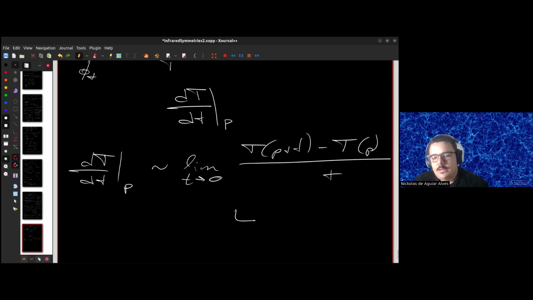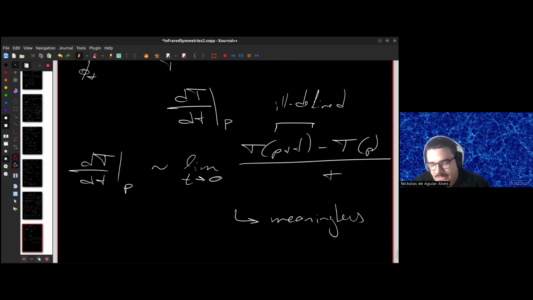Now, this here is meaningless because none of the symbols are really defined. So for example, P is a point in a manifold, then t is a real number. These guys don't even live in the same space. So this thing here is completely ill-defined. It doesn't make sense at all. But I want to get to something with this notion.